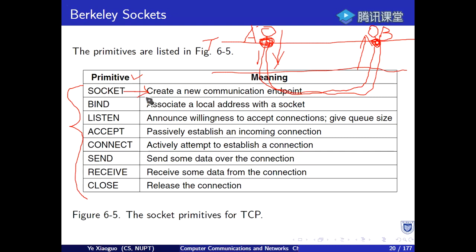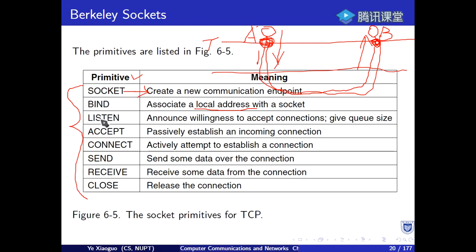So when we create a new socket object, we should set some parameters, including the local address and port, with the socket. That is binding: bind the address and port with the socket object.